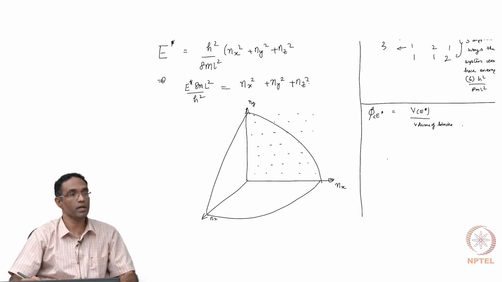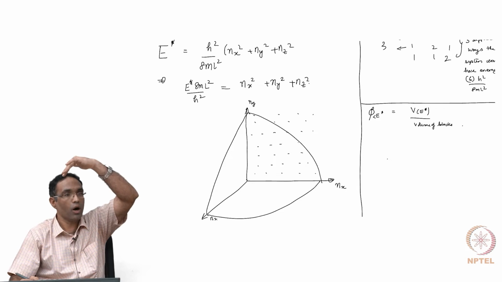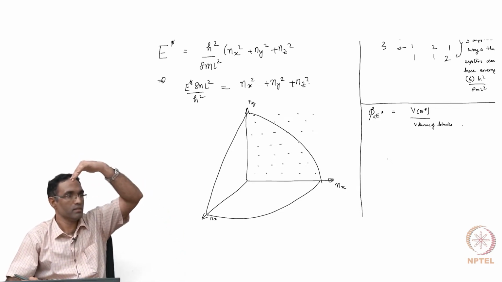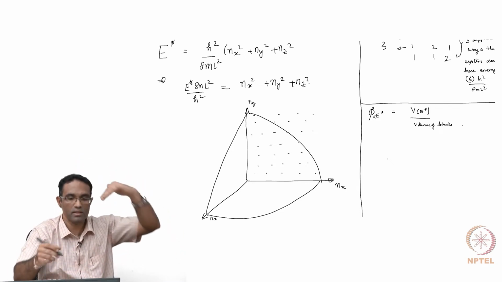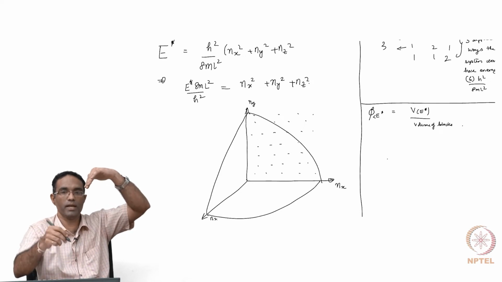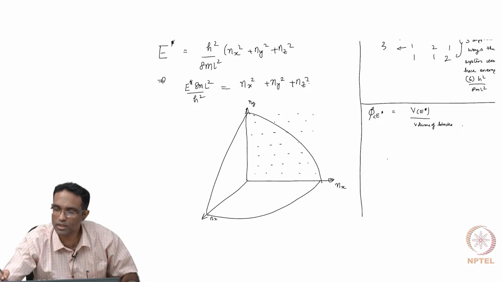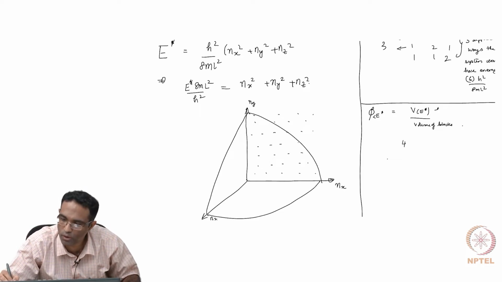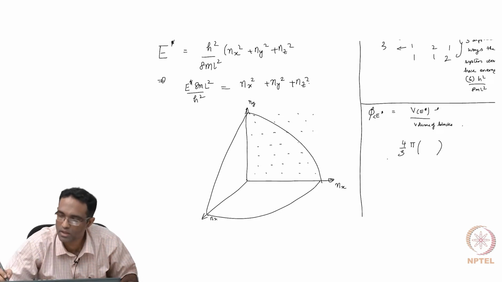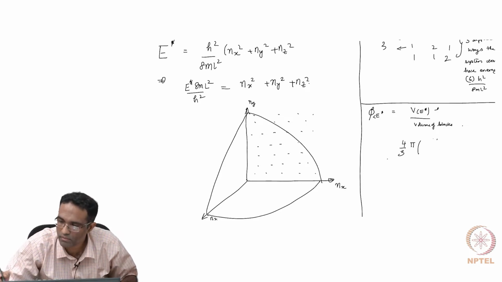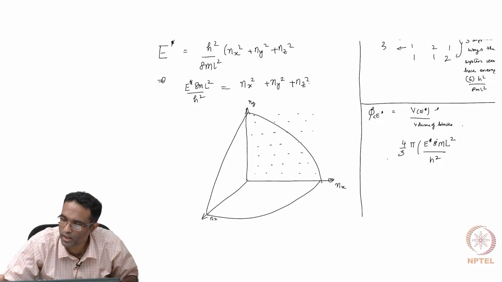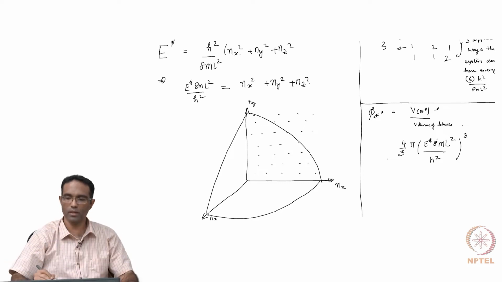That would tell you how many points there are with energy less than E star ml square by h square. Are you following that? This is very simple. It's nothing but 4 by 3 pi r cube, where r is E star 8 ml square divided by h square, to the power 3, that's the volume.